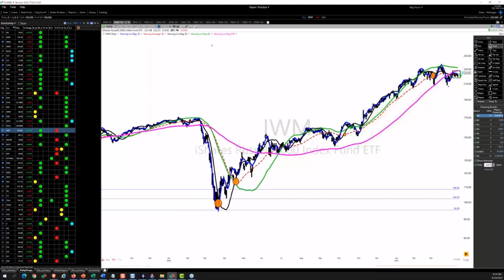So now what I want to do is compare the difference between the fastest regression line, which is the 10, and the slowest regression line, which is the 270. So here was a moment at that orange dot where all of the regression lines pretty much agreed what fair value was going to be, around 170.